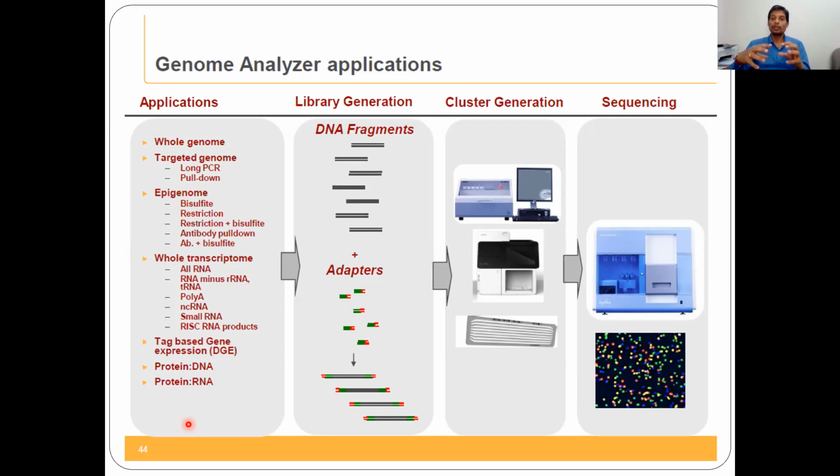The unbound RNA you remove, and the bound RNA you collect and sequence. Thus you will understand which RNAs bind to that particular protein, to understand the role of that protein, and also understand the functions of those RNAs.